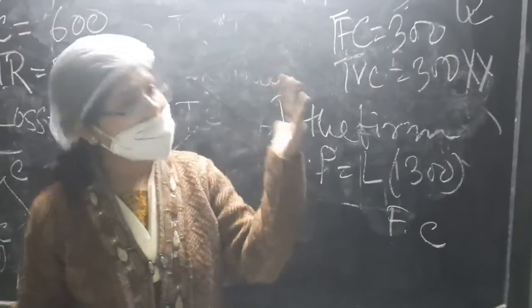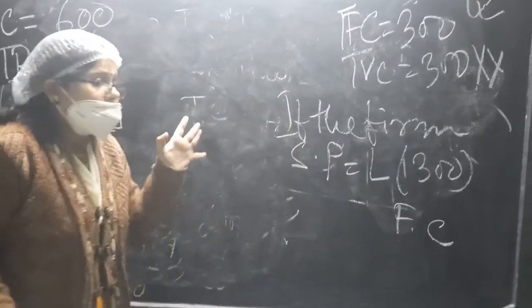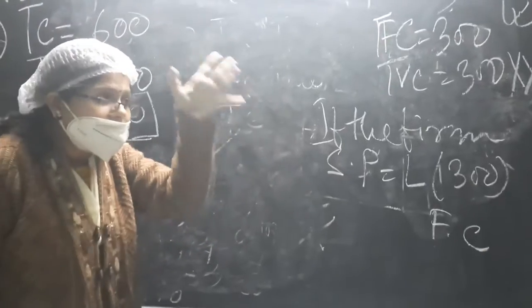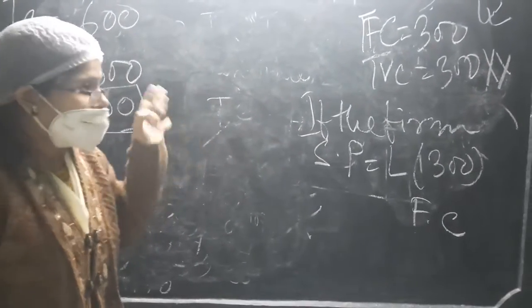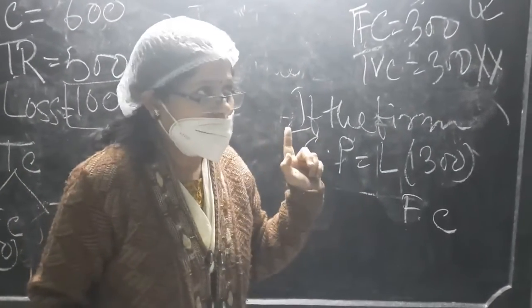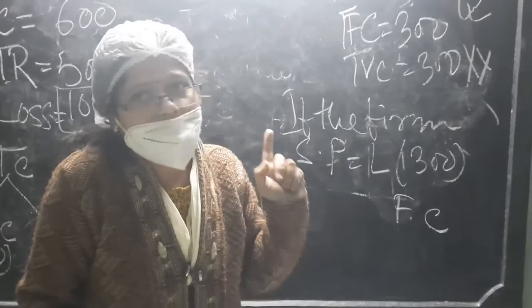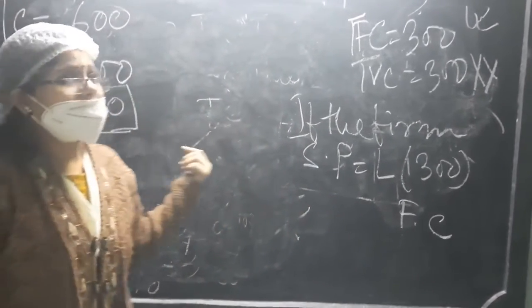If the firm continues, it will operate within the same production limit. If I am producing 6 units, I will produce 6 units only. I will not go for any further enhancement of my output, because I know I am already suffering a loss.